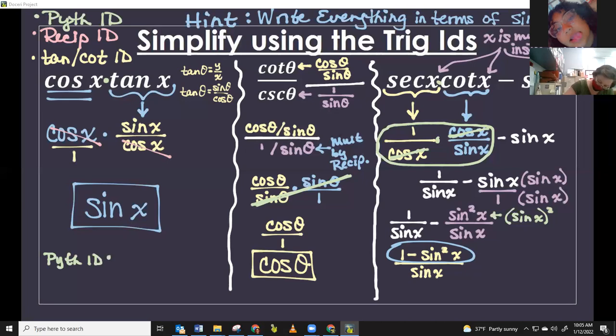And I've got a Pythagorean identity that says sine squared x plus cosine squared x is equal to 1. How could I use this idea right here to help me simplify that numerator?